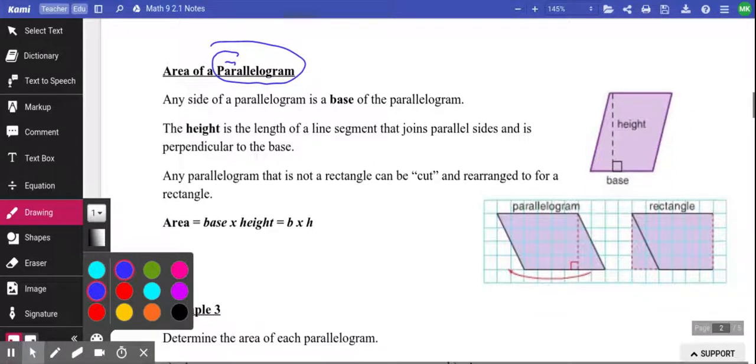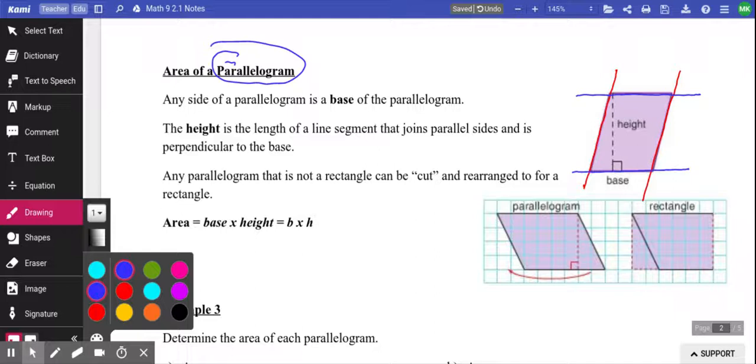Parallel means if they ran side by side, they'd never touch. If you look, these lines, which I'm highlighting in red, are parallel. They would never cross each other. They're going at the exact same rate. The other lines across from each other right here, the blue ones, are parallel to each other.